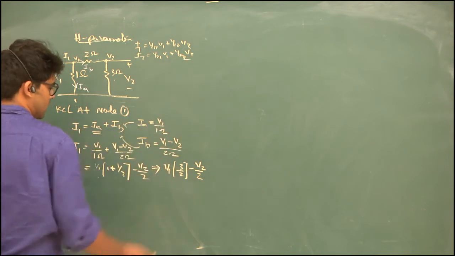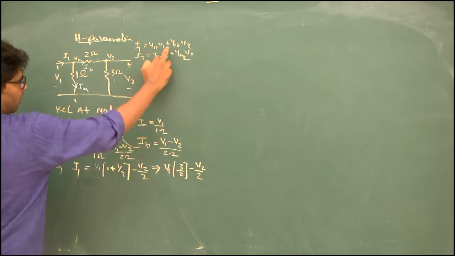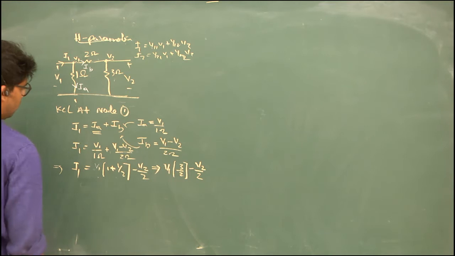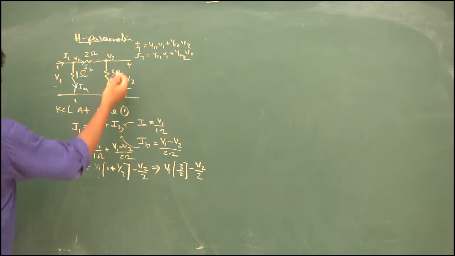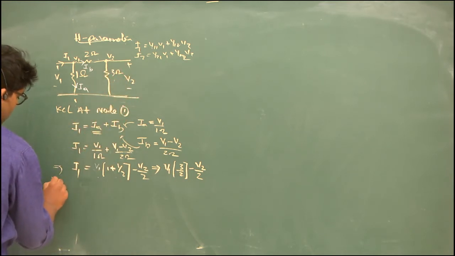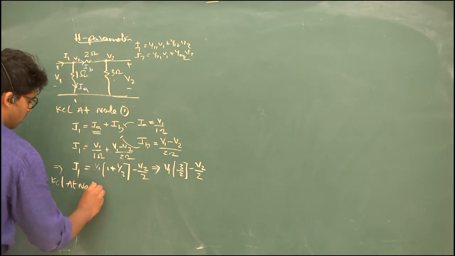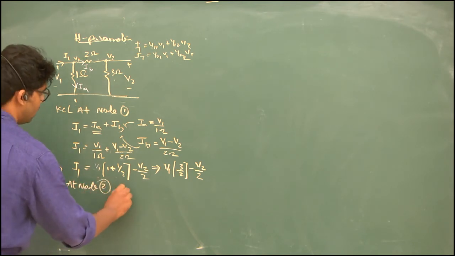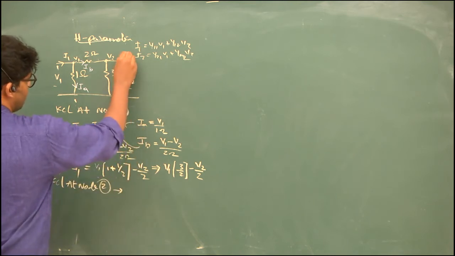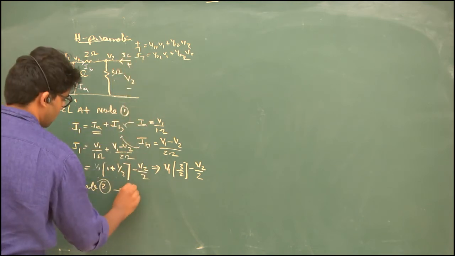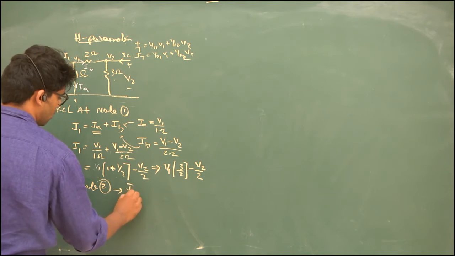Okay. So in this, I1, Y11, V1, V1 form and V2 form are given. Apply KCL at node 2. So KCL at node 2. So current I2 is entering here, I am assuming.